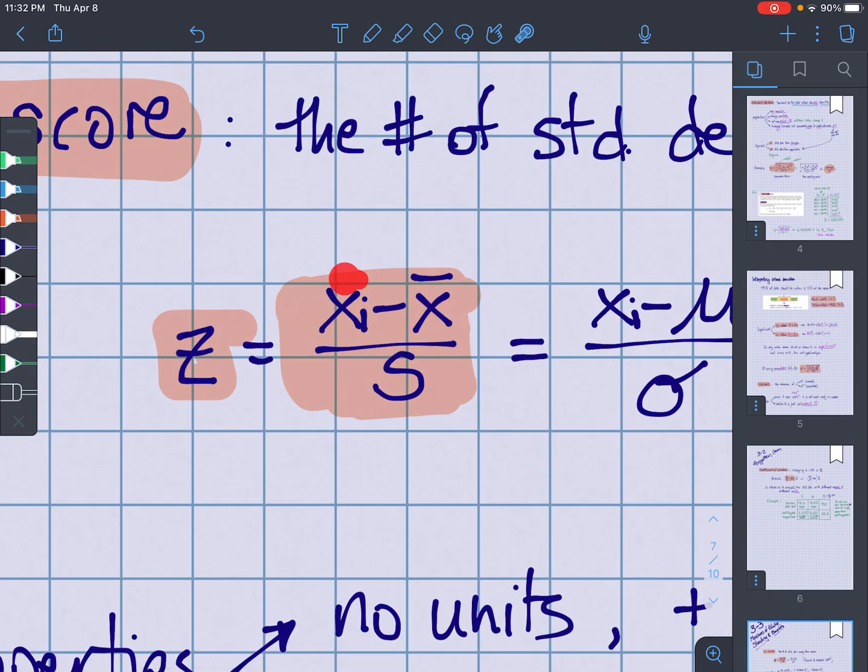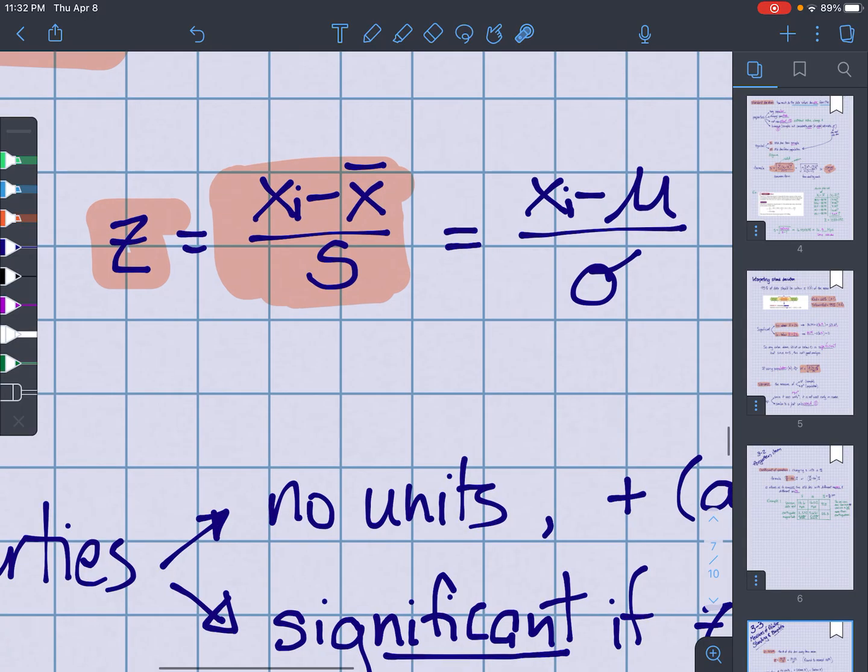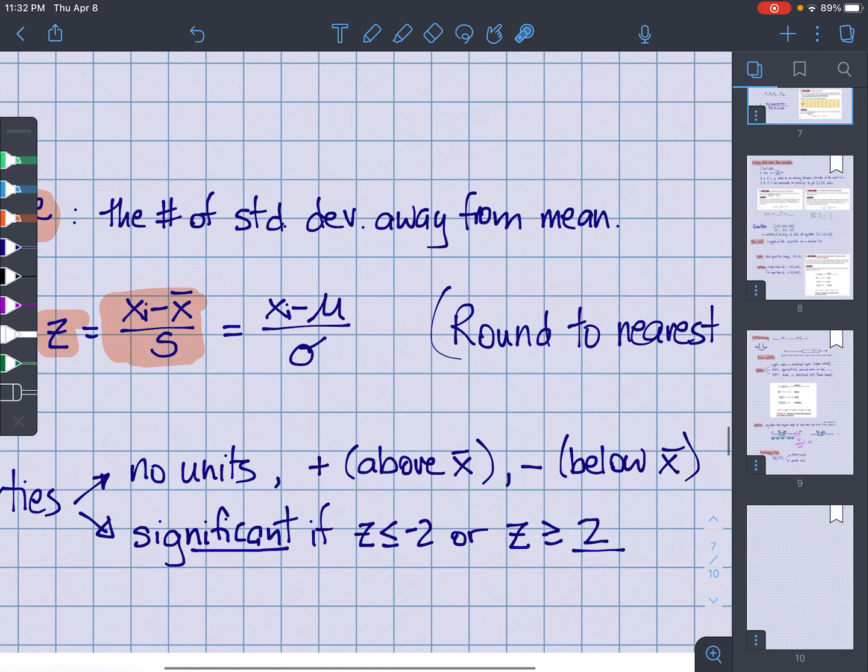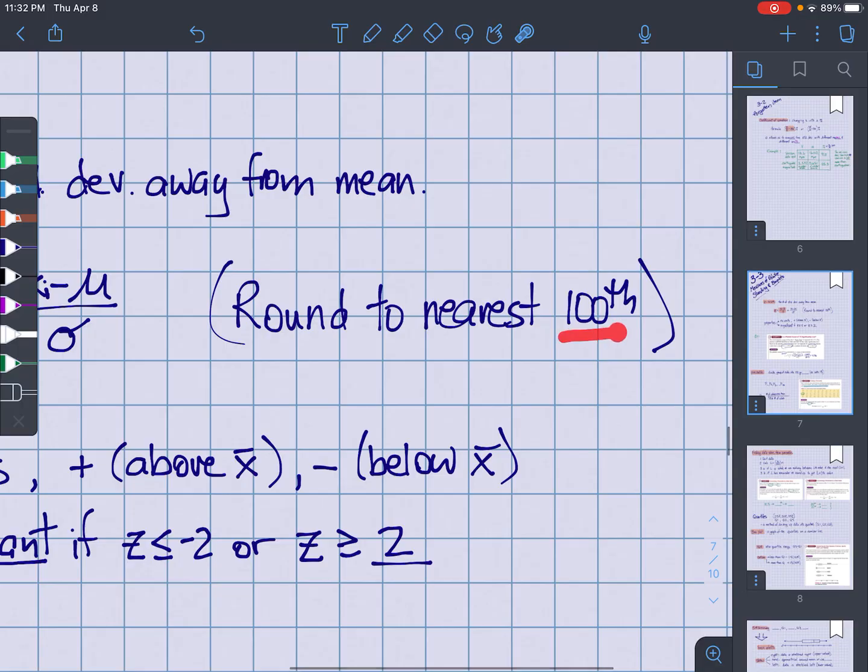So again, let's look at this a little bit more carefully. We're taking a data item, xi, we're subtracting the mean, and then dividing by standard deviation. And that tells us how many standard deviations I am away. And a couple things about this. First of all, round to the nearest hundredth when you do a z-score.